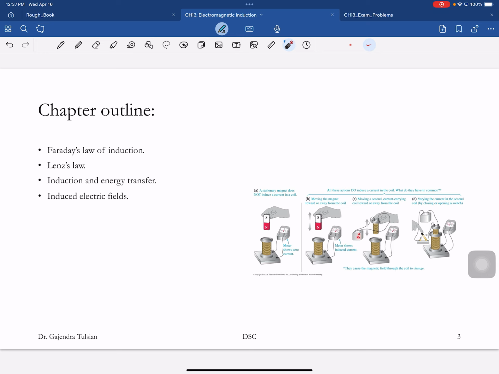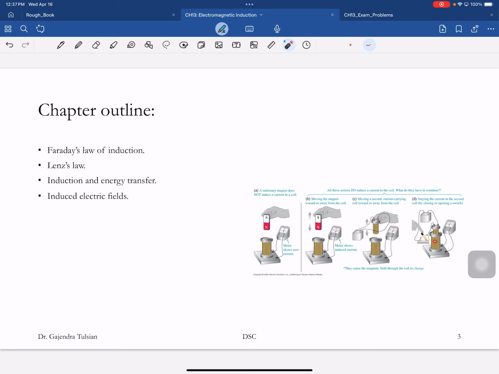What's happening here? This battery is driving a current in this coil, and you saw from the last chapter that produces a magnetic field in there. And if you oscillate this back and forth, it's just like moving this magnet back and forth. And you're inducing a current here in this coil, okay? No batteries in this coil, and you're inducing a current.